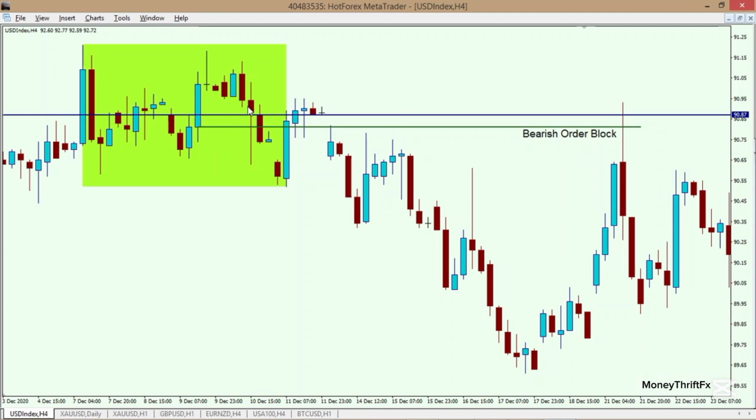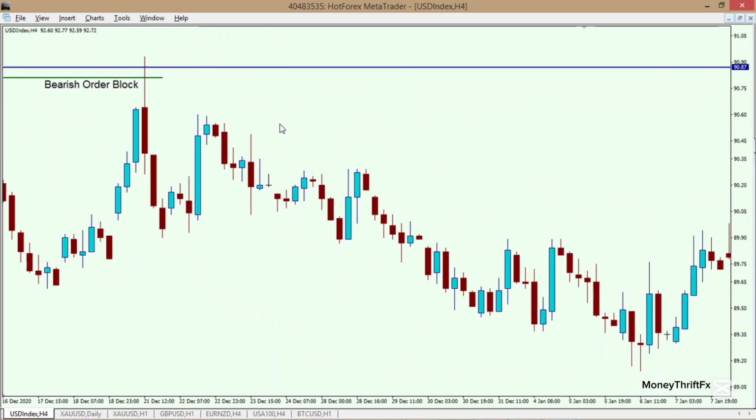So this is the midway point, and this right here is the last up candle before it broke out of this range, right? So it fits as a bearish order block. We are expecting price to go right back into it, and that will become a sell if I see a reaction from there.